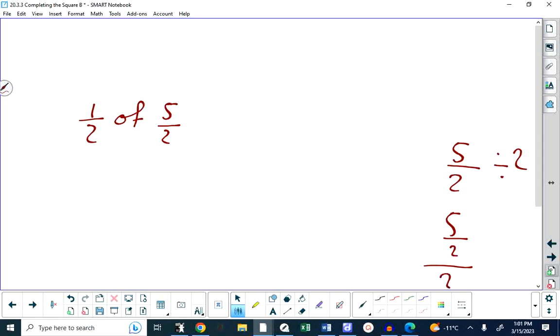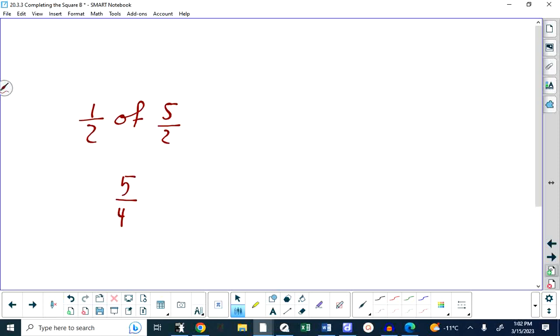That's even worse. When you divide something by 2, you're taking half of it. Okay? And by writing it this way, you can very clearly see that half of 5 halves is 5 quarters. As you multiply 5 times 1 across the top, 2 times 2 across the bottom, it's 5 quarters.